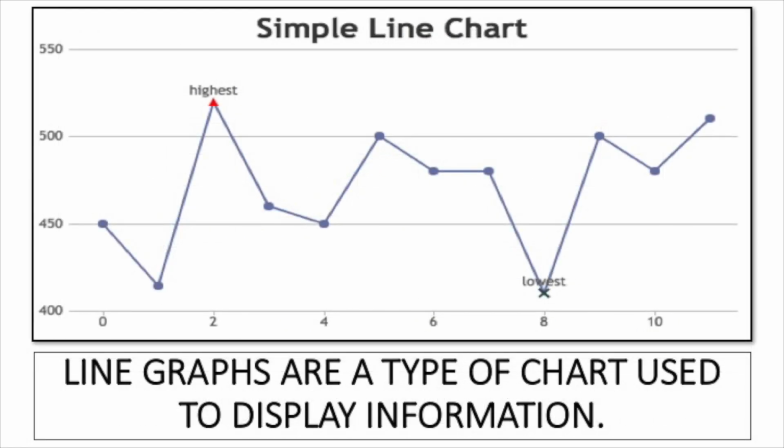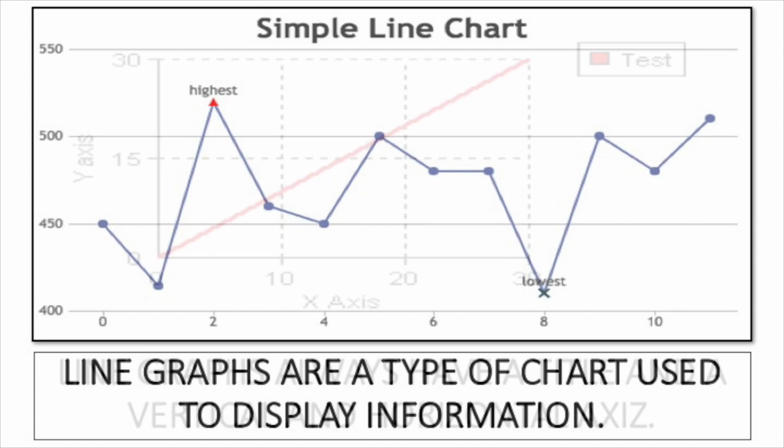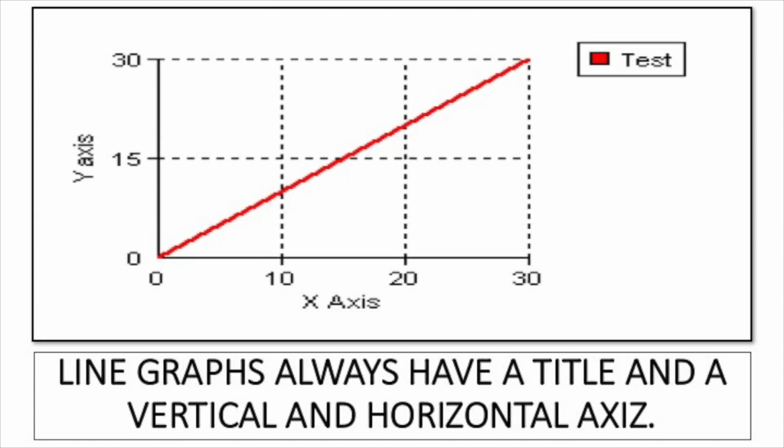Line graphs are a type of chart used to display information. Yes, you can see here how the line is going up and down to display the different types of information. Line graphs always have a title and a vertical and horizontal axes.